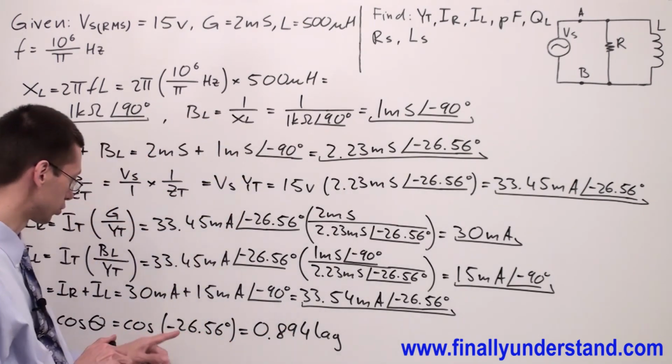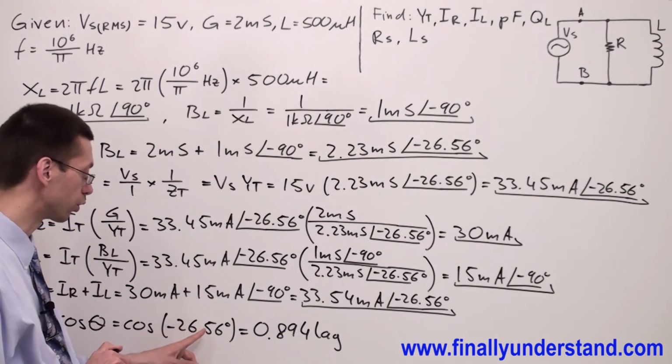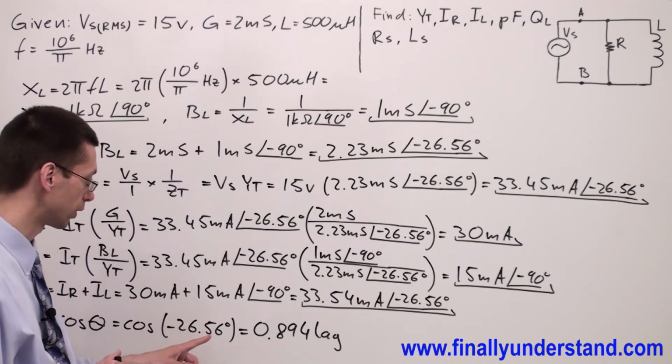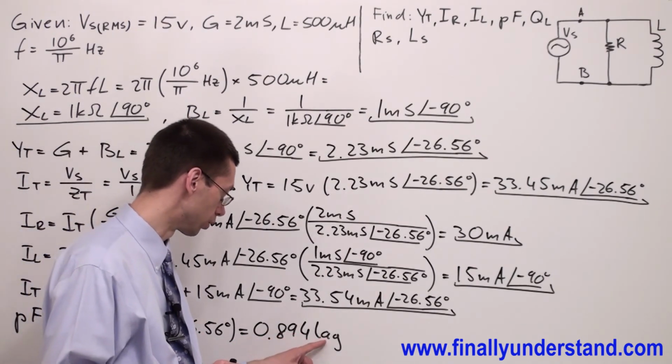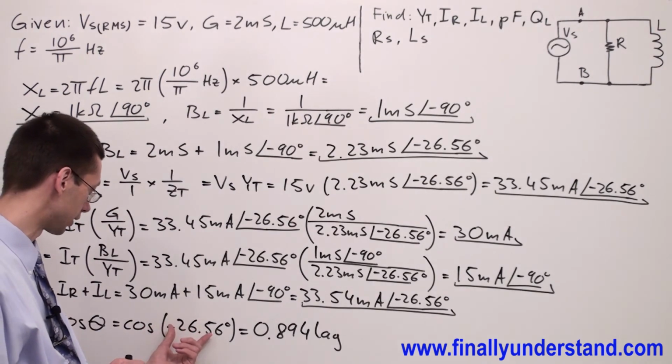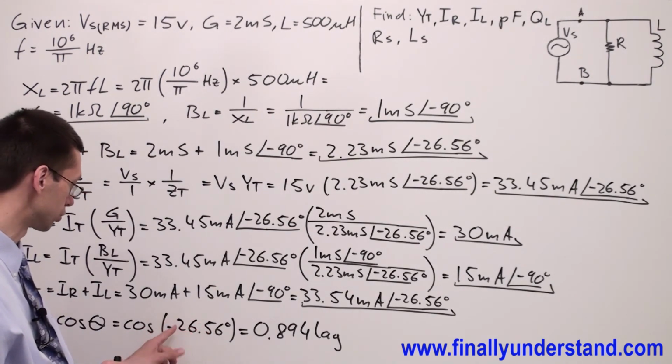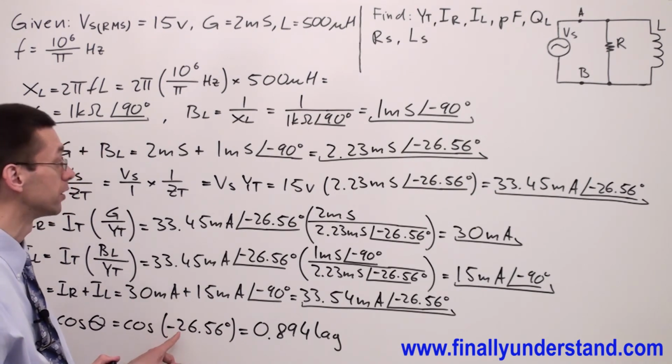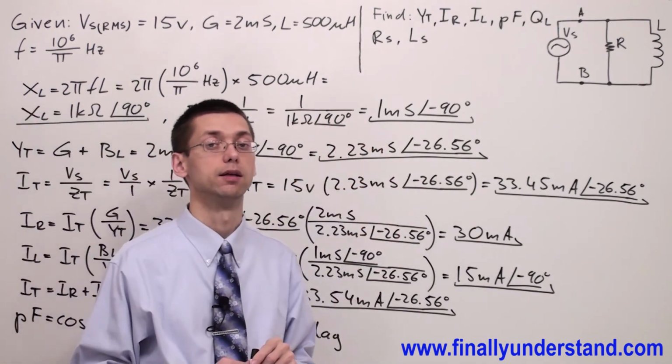In our case, it's going to lag by 26.56 degrees. That's why I'm supposed to put the word lag. This is very important, that you remember that this angle comes from Y total. So you're not supposed to look at the sign, just look at the diagram.